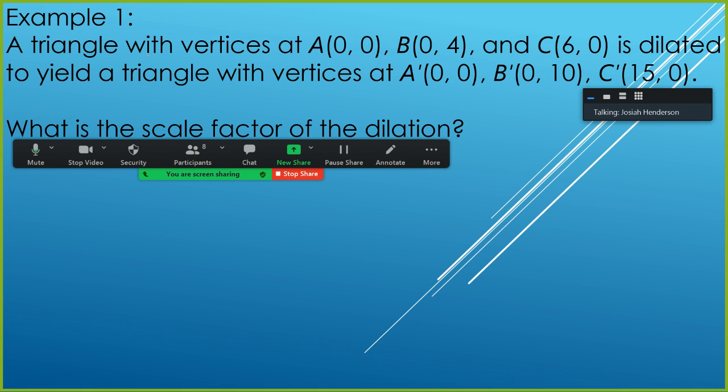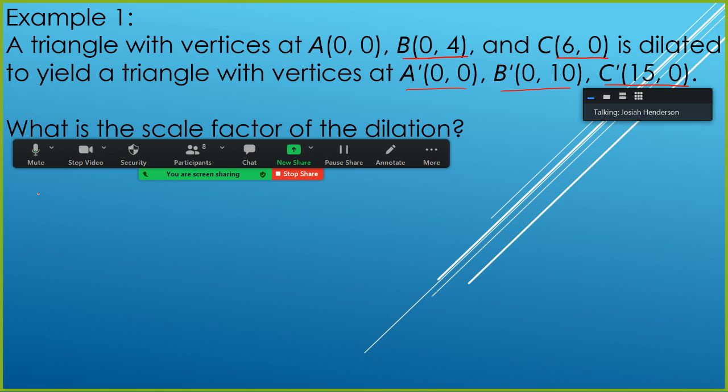A triangle with vertices at 0, 0, 0, 4, and 6, 0 is dilated to yield a triangle with these new vertices. A prime is 0, 0, B prime is 0, 10, and C prime is 15, 0. What is the scale factor of the dilation?